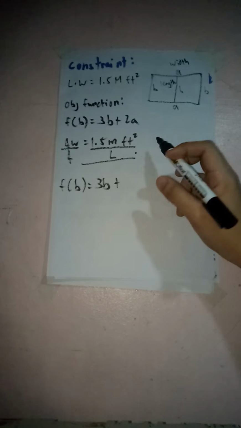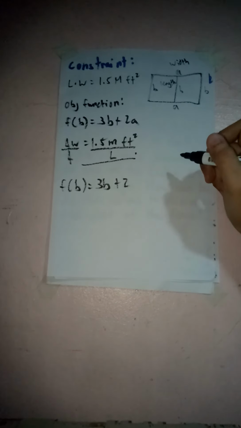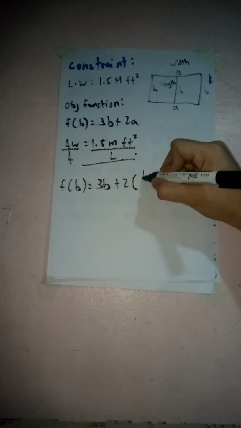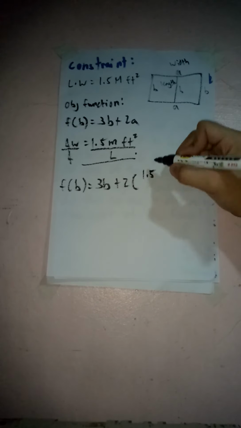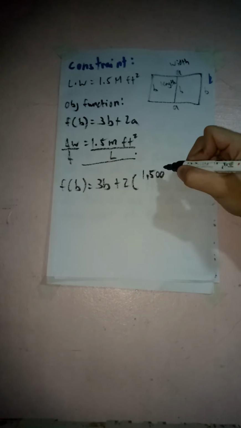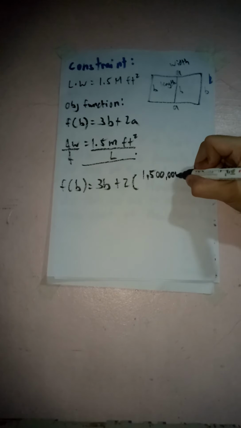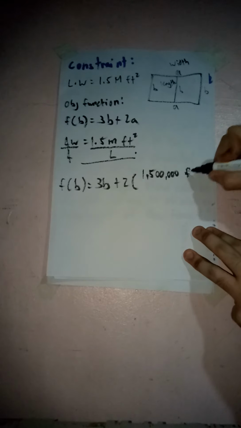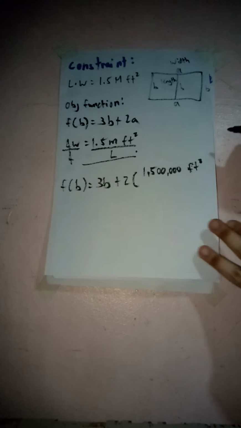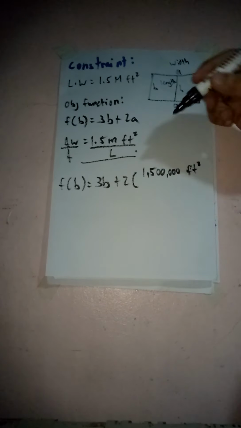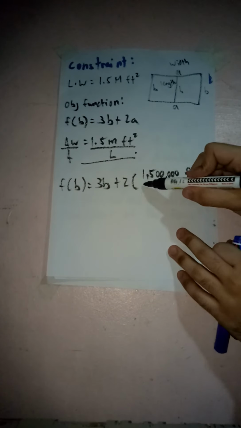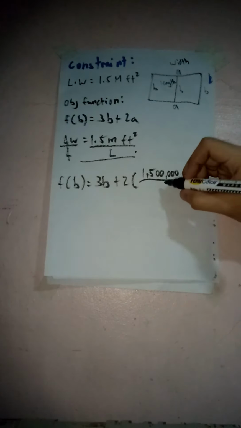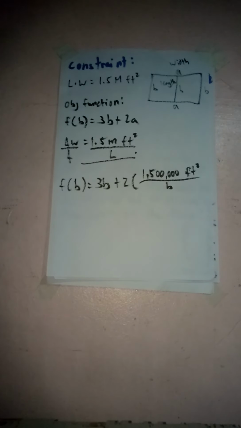So 2 times 1.5 million feet squared over b, which is our length.